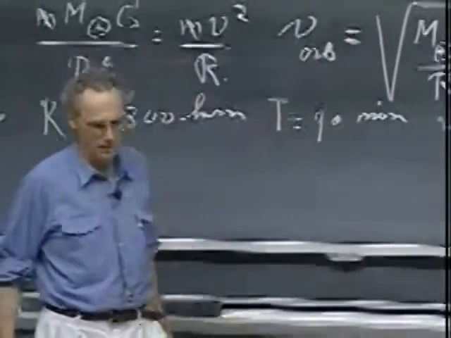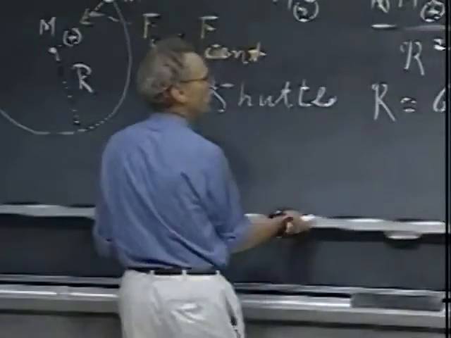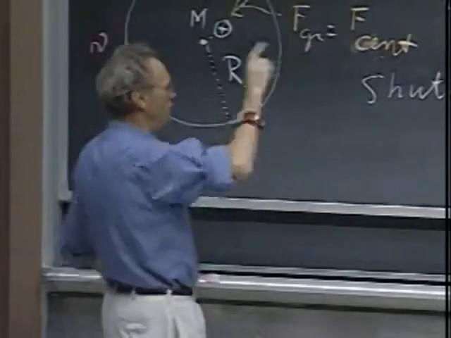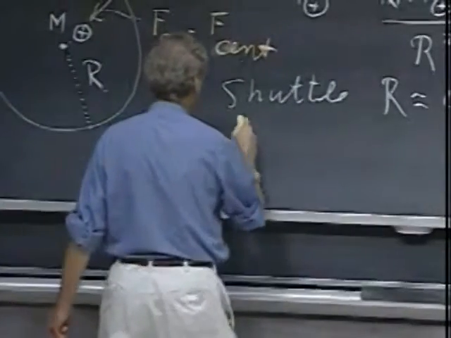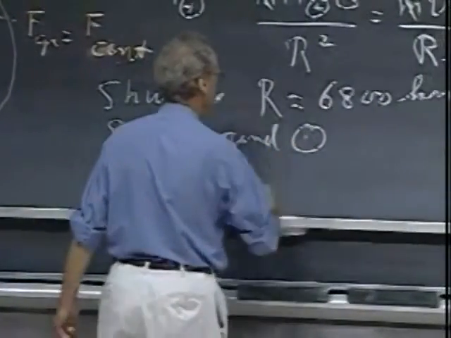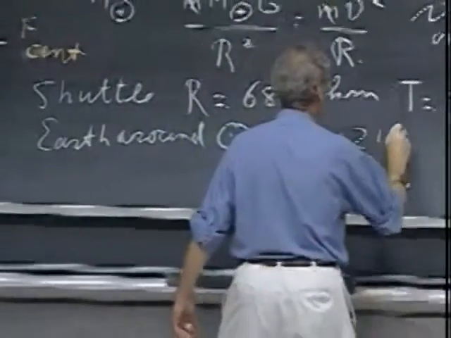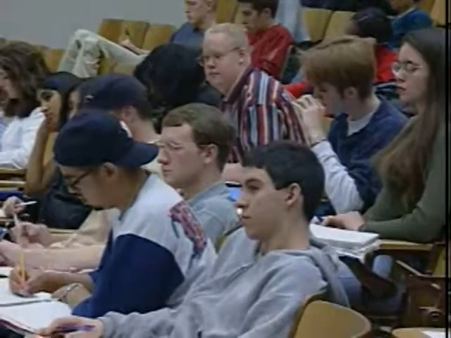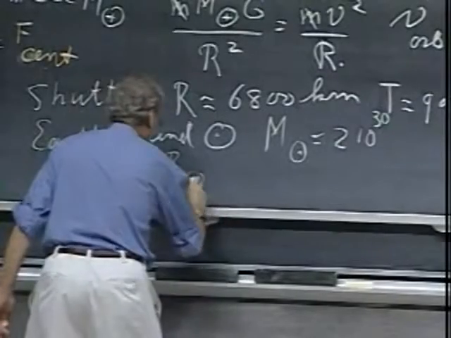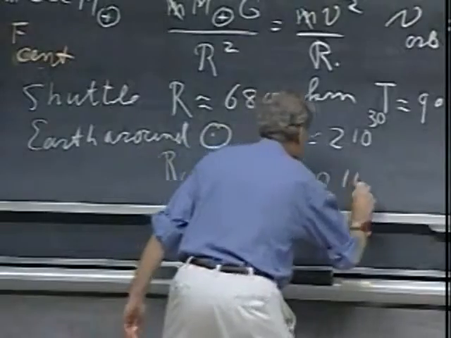If you take the Earth itself around the sun, we can use all these equations, replace the mass of the Earth by the mass of the sun, and then we can do this for planets. So if we take the Earth around the sun, we have to put in the mass of the sun, which is about 2 times 10 to the 30 kilograms. And the distance from the sun to the Earth, we have seen that before, is about 150 million kilometers.